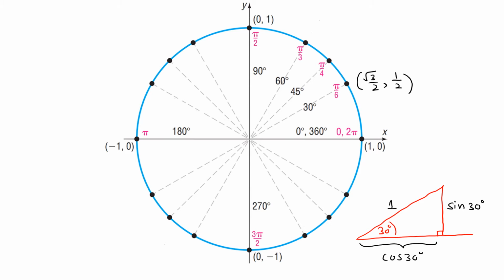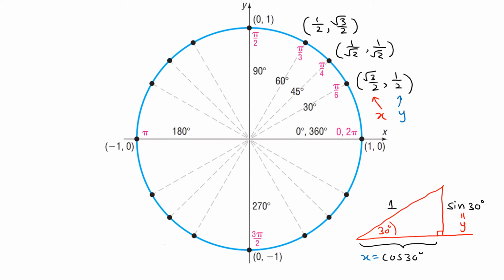So cosine 45 is the x-coordinate, and sine 45 is the y-coordinate. And for angle 60, cosine 60 is 1/2, and sine 60 is square root 3 over 2. We write the x-coordinate first, and then the y-coordinate next. The x-coordinate is the cosine value, and the y-coordinate is the sine value.